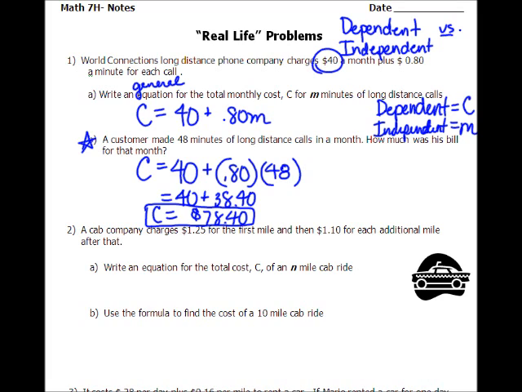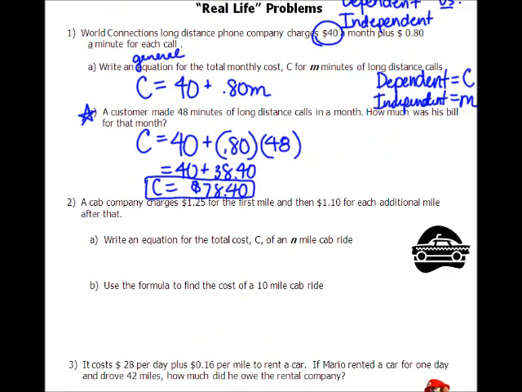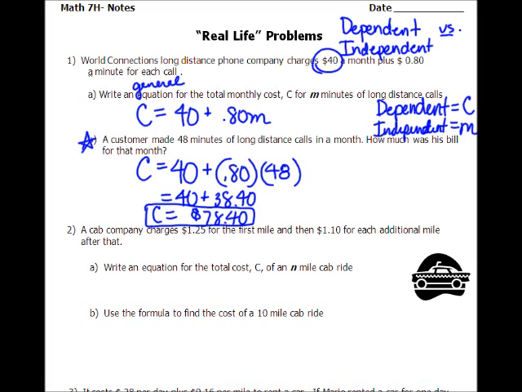Okay? So that's what our situation looks like for most of these problems. We call this our fixed cost, because no matter what, we have to pay that $40. And this is our variable cost, because that varies depending on the minutes. So there's a lot of vocabulary here that comes into play.